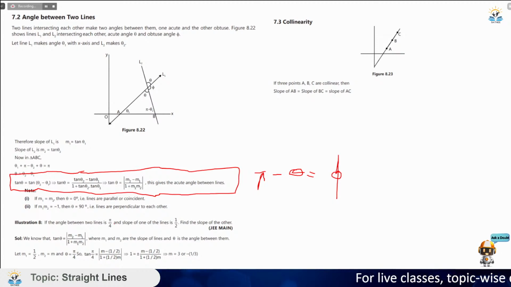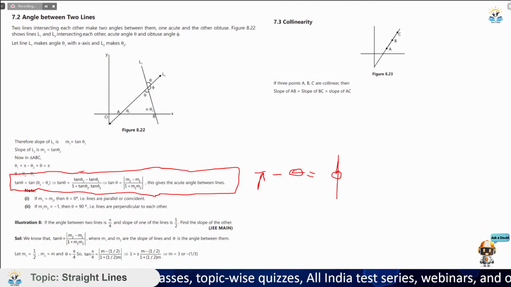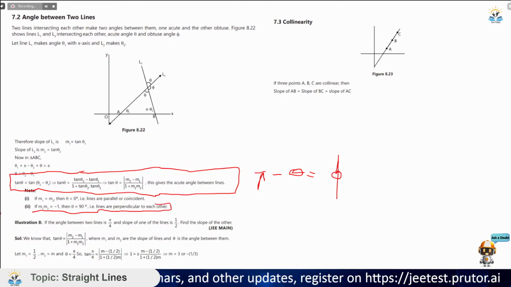If m1 is equal to m2, the slopes are equal, then the lines are coincident, or they can never intersect. If they intersect, one lies on top of the other. If they are parallel, then intersection is not possible. Okay, then if they are perpendicular, this is very important. If they are perpendicular, then the multiplication m1 m2 will be equal to minus 1.